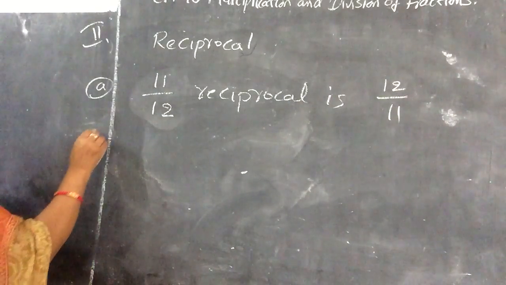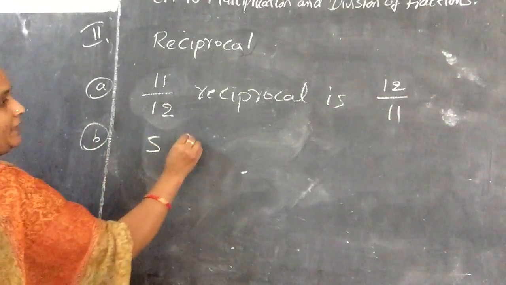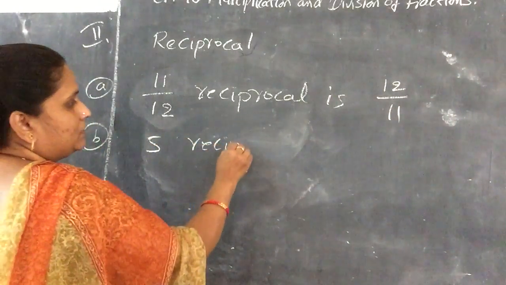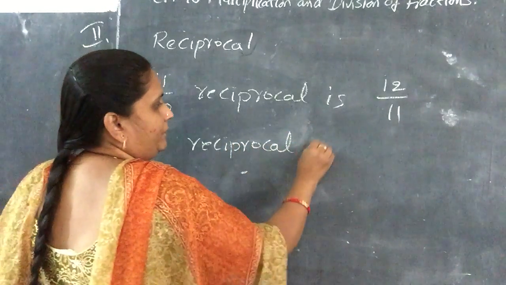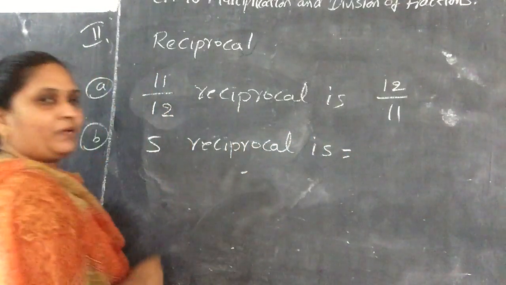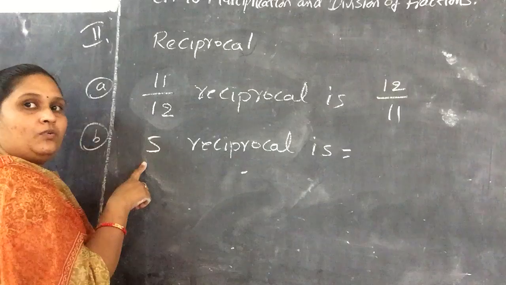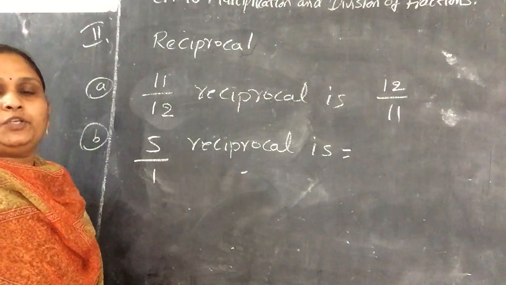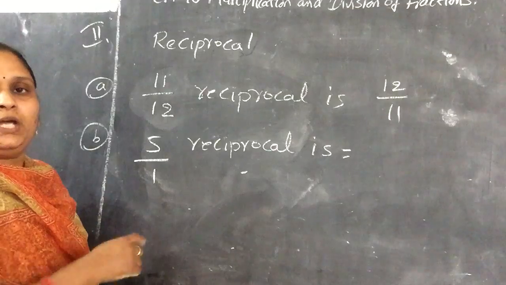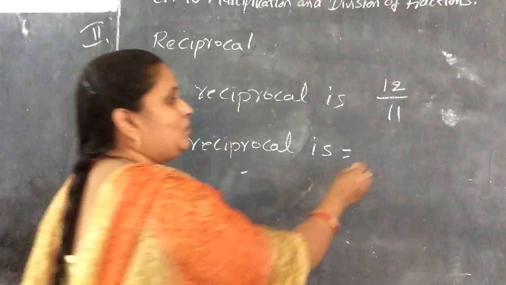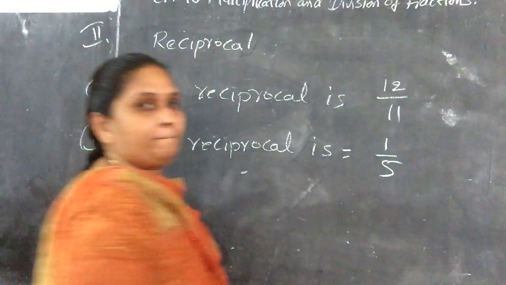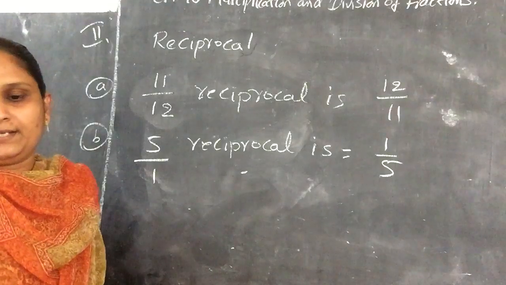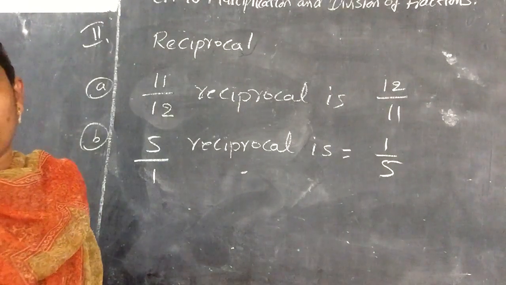Now B, 5 reciprocal. 5 is a whole number. If any whole number is there, we have to write the denominator 1 below it. Now the reciprocal will be 1 by 5. Got it? So like that you have to write.